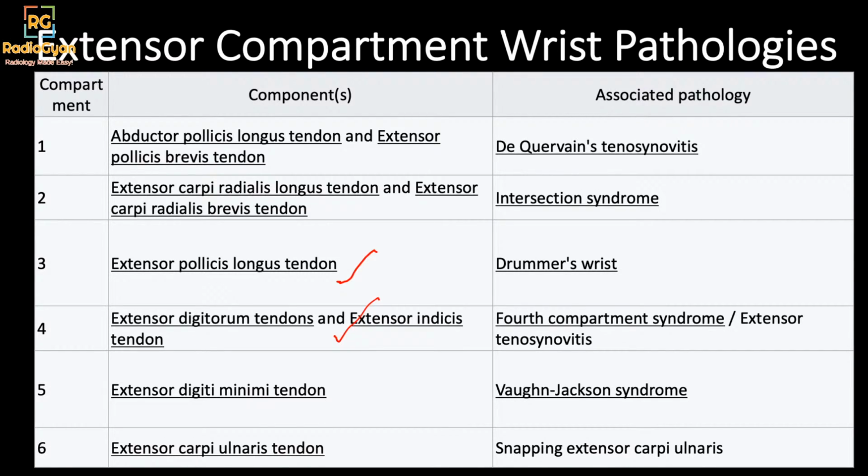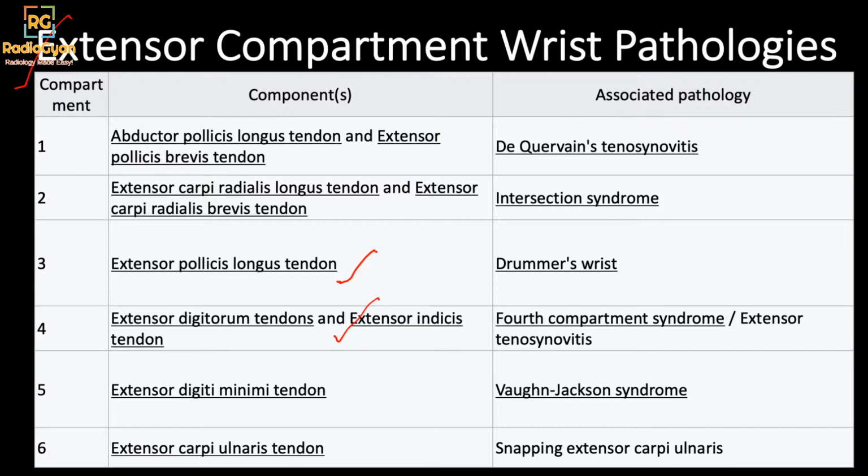So this is a good chart to remember, so you can take a screenshot here and then go over it again. The fourth compartment is the most crowded compartment. The word indicis is related to the index finger. So remember that the indicis tendon goes along with the extensor digitorum tendons.